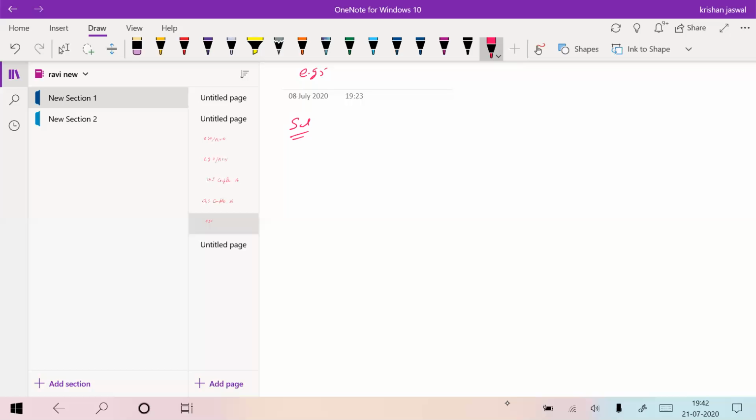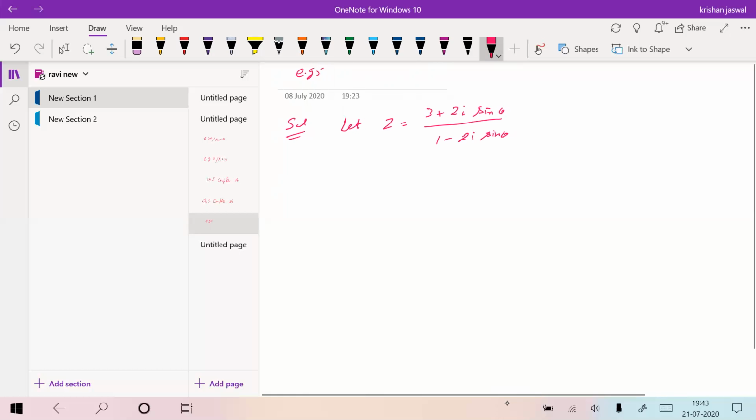Let Z be equal to (3 plus 2 iota sine theta) over (1 minus 2 iota sine theta).